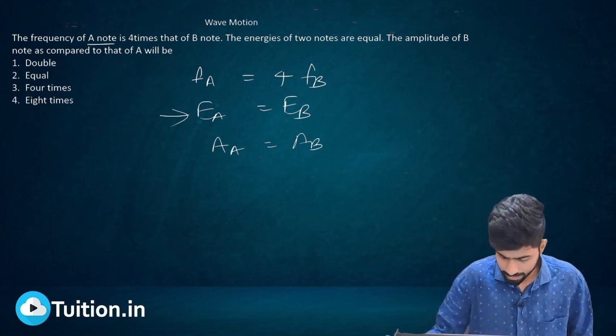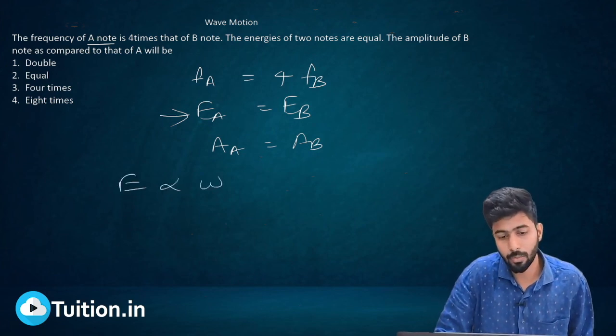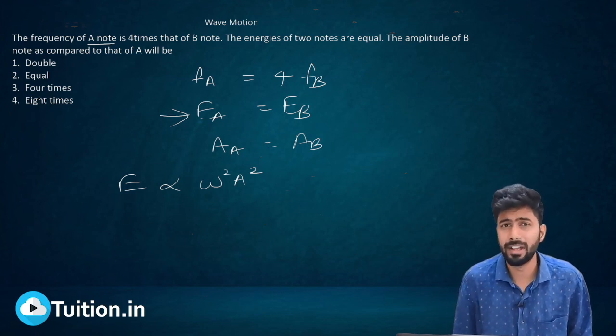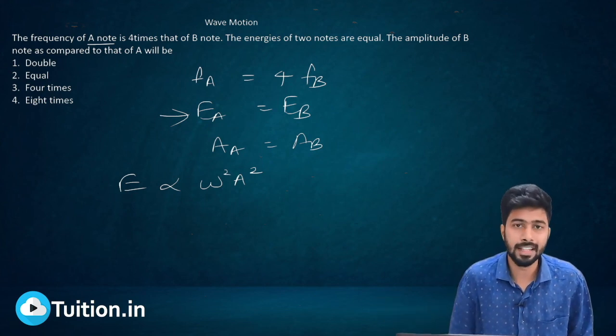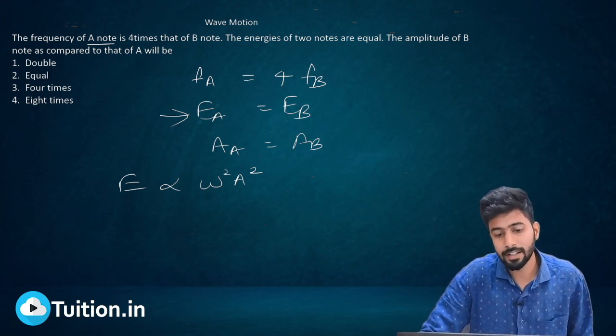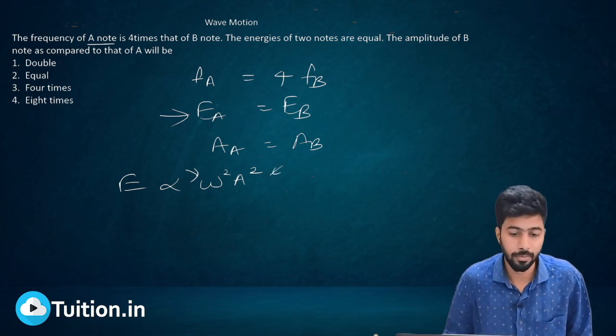So what you need to know is your energy is directly proportional to omega square A square. In fact, it has a weird sort of a formula, half rho omega square A square S V, something like that. But the rho will be the same because the material is the same, area of cross section will be the same, V will be the same because everything is the same. It's only that the frequency is differing, so omega will differ, and your amplitude is what you need to check.